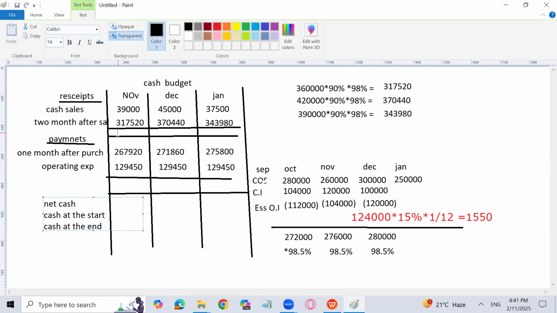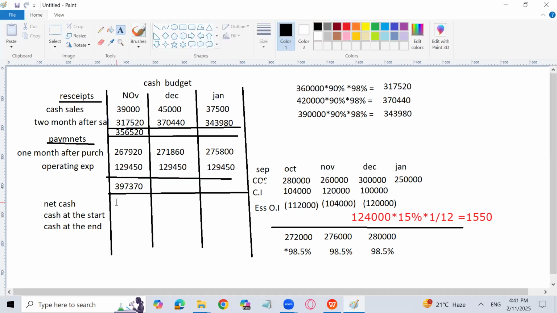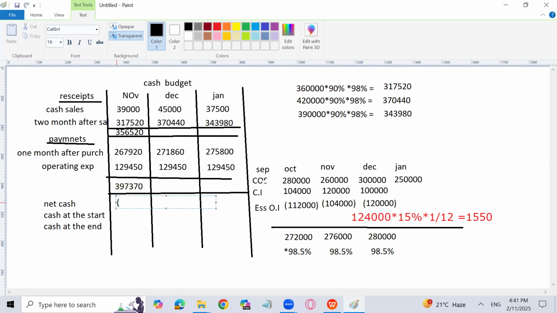What is the amount of this? 356,520. And here 397,370, and net cash is going to be negative. Negative है ना? 40,800.